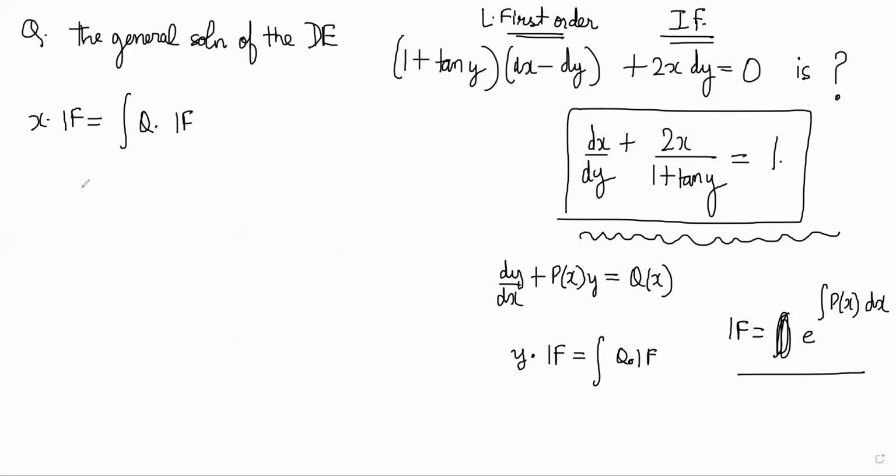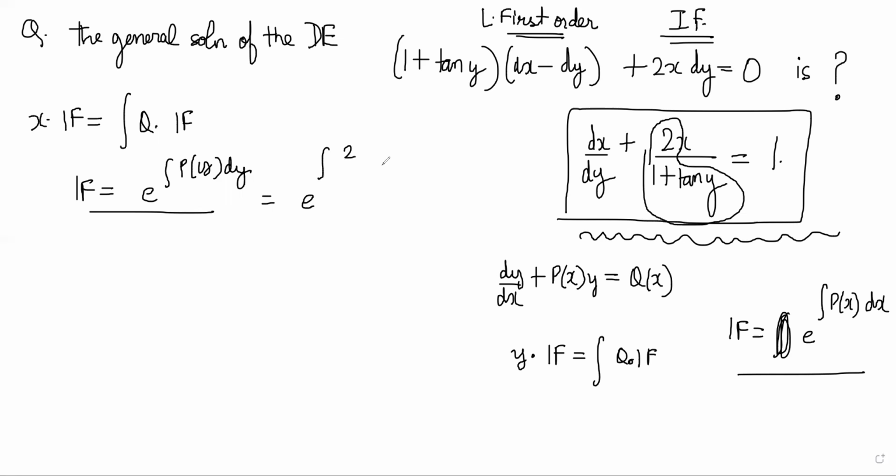Q into IF would be e power integral of P of y dy. P of y is 2 by 1 plus tan y, so e power integral 2 by 1 plus tan y dy is this, and Q is 1 and x is here.